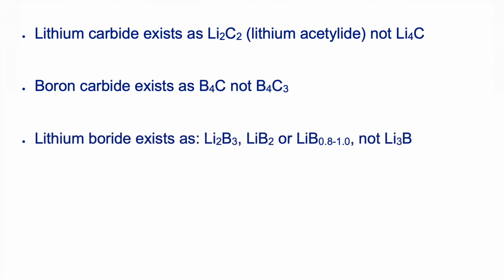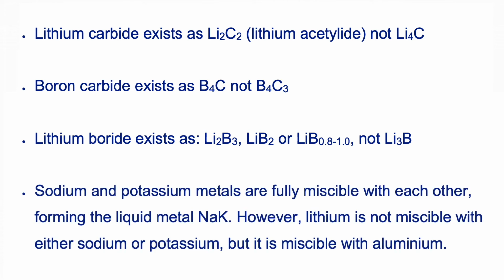Lithium boride exists as Li2B3, LiB2, or the non-stoichiometric LiBx, where x is 0.8 to 1, and not the stoichiometric Li3B. More examples: sodium and potassium metals are fully miscible with each other, forming the liquid metal NaK.